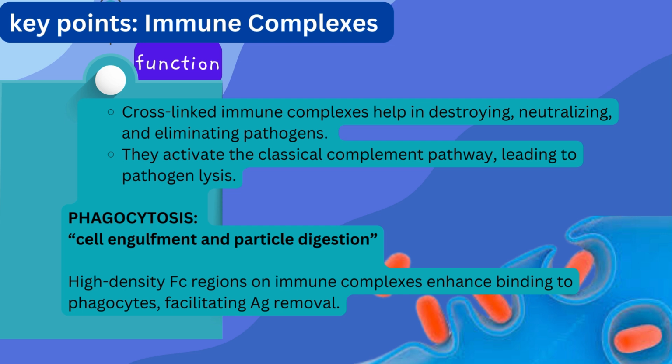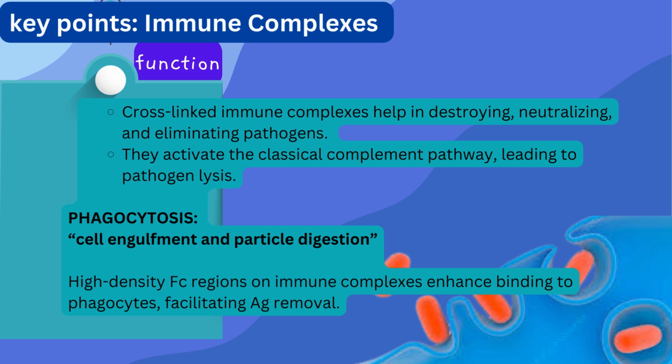So next, we have immune complexes. Immune complexes are antigen antibody complexes, a combination forming a complex. Cross-linked immune complexes really function in neutralizing, destroying, and removing microbes or pathogens, and they activate the classical complement pathway.